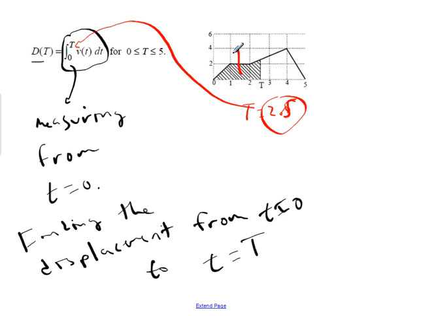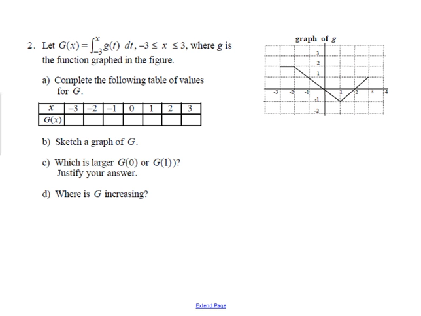So this area would be like, let's say 2.1. But as T goes on, we're accumulating area. It may seem like a simple idea, and it really is. So if it feels that way, let it be that way.